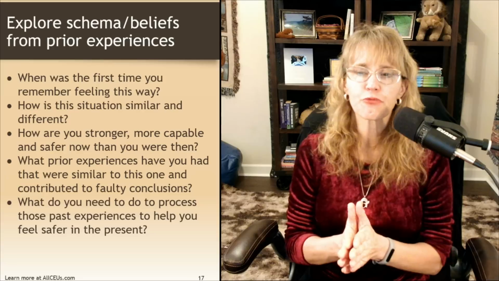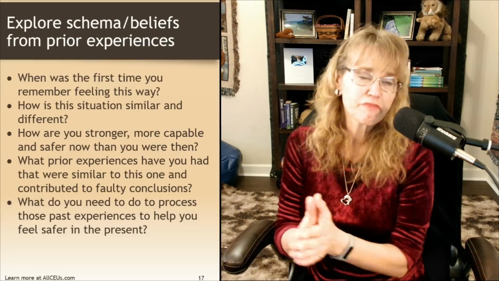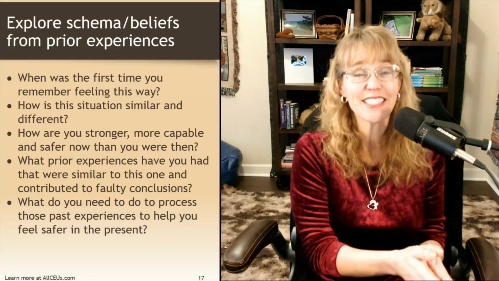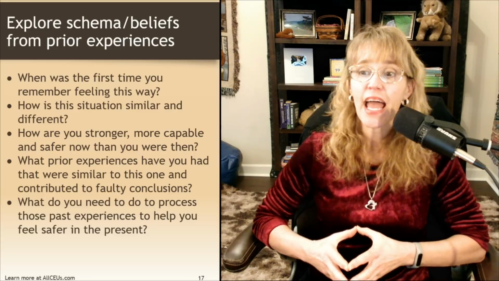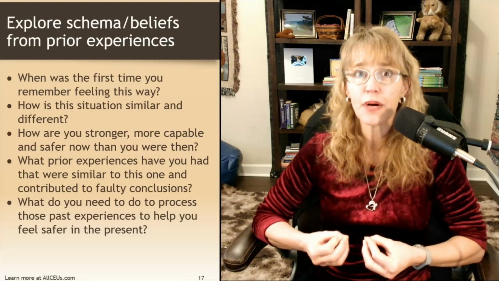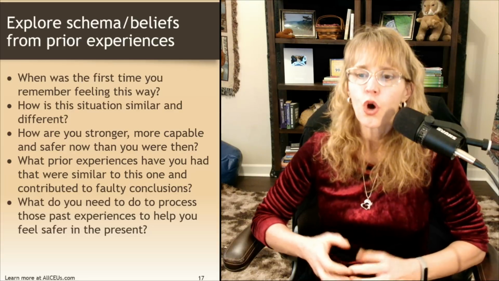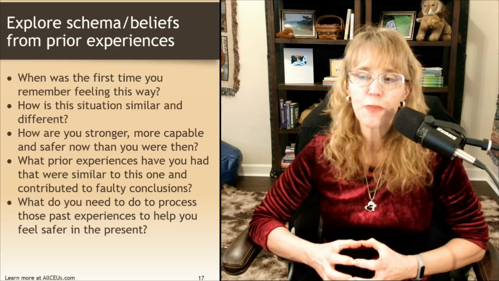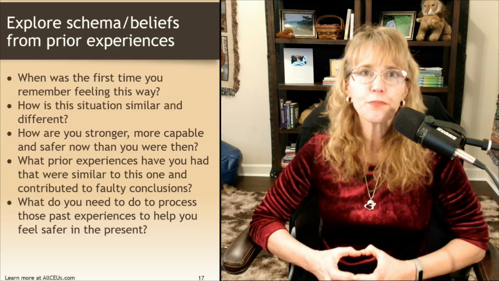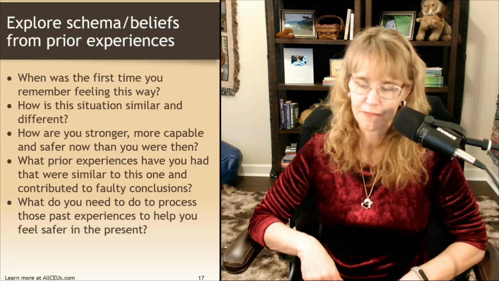So you're not only remembering the first time you felt this way, but you're thinking about several prior situations when you felt this way and how using that original schema may have contributed to faulty conclusions. What do you need to do to process those past experiences to help you feel safer and more empowered in the present?